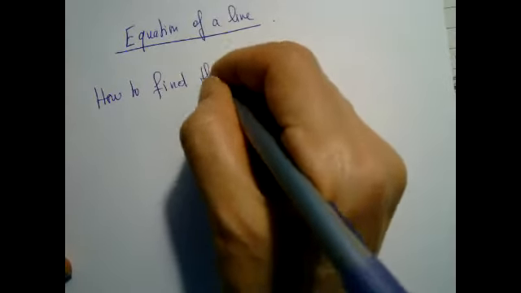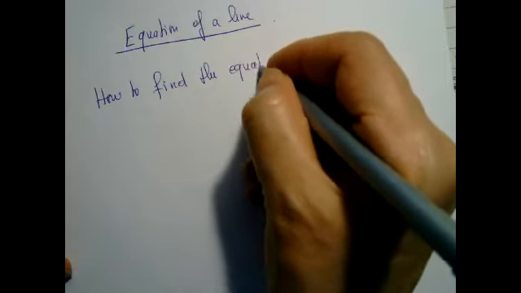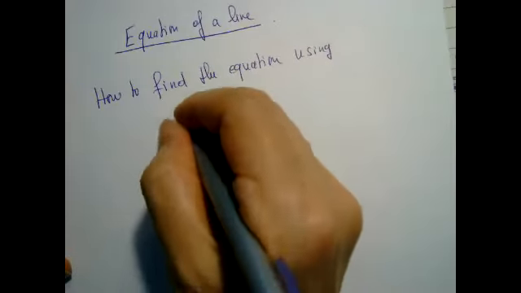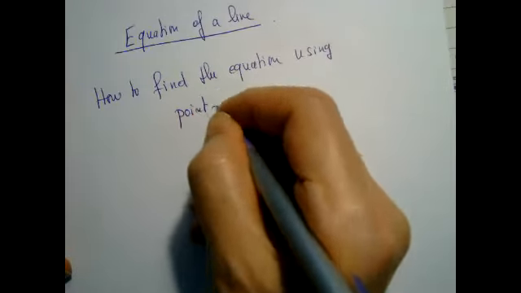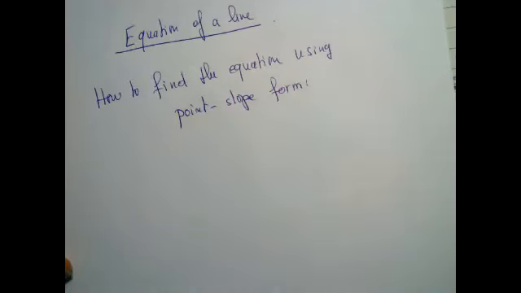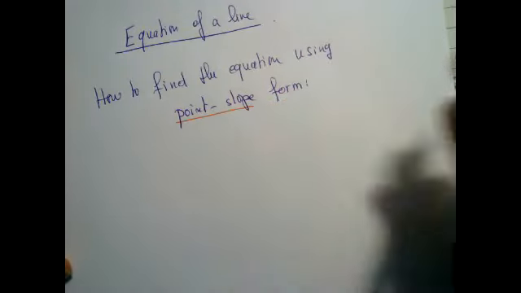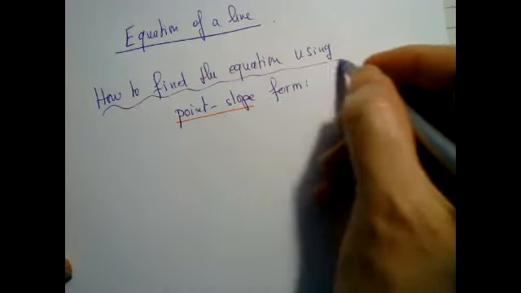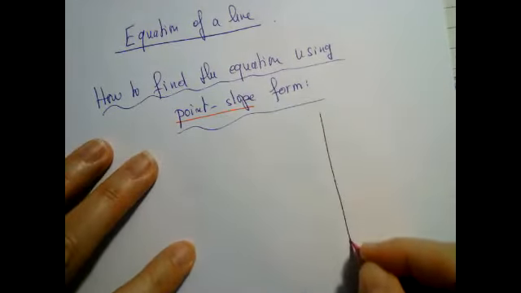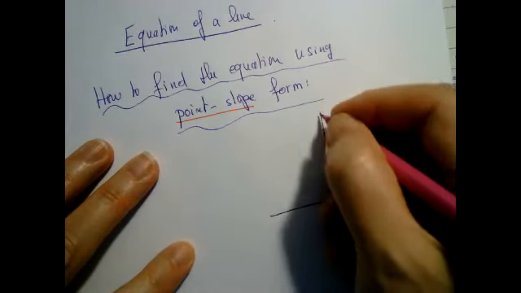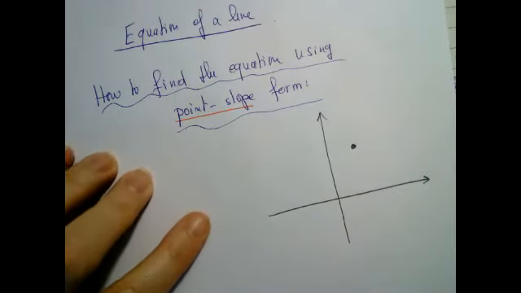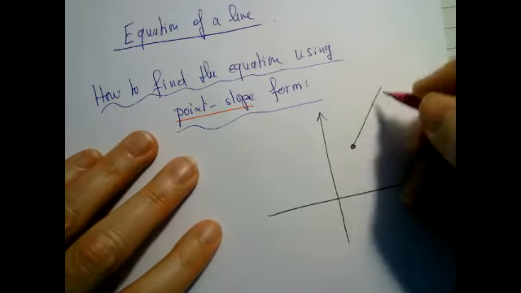How to find the equation of a line using what we're going to call the point slope form. The idea is that if I have a line, and based on everything you've done, if I have a point on the line and I know the slope, I know how to sketch the line.